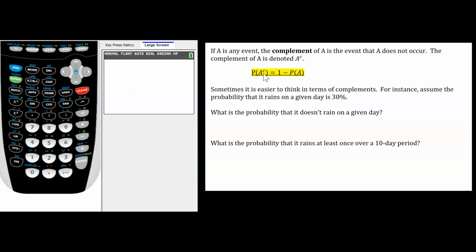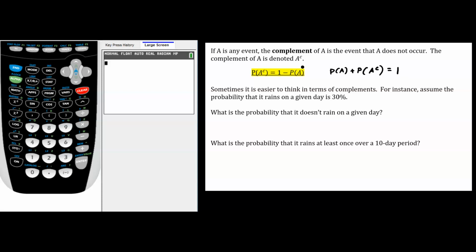So the probability of the complement to event A is 1 minus the probability of event A. And that is based upon the fact that the probability of event A plus the probability of the complement to event A is equal to 1. And if you just manipulate this equation a little bit where you bring this to the other side, then you get our formula right here.